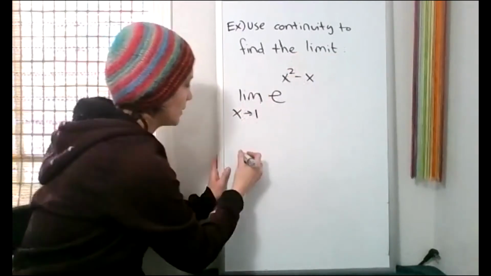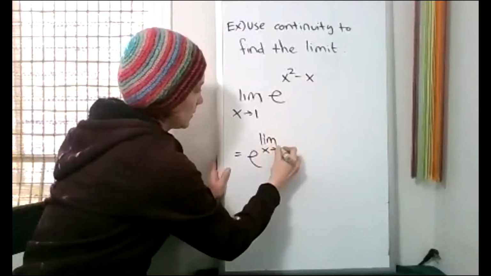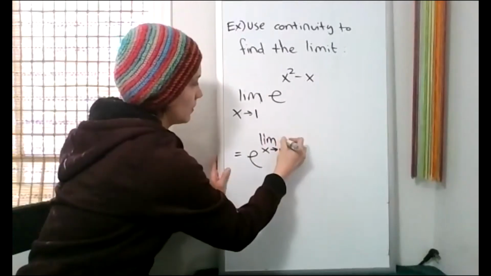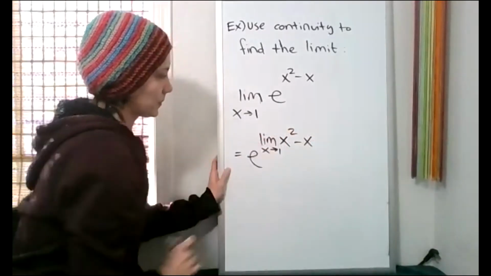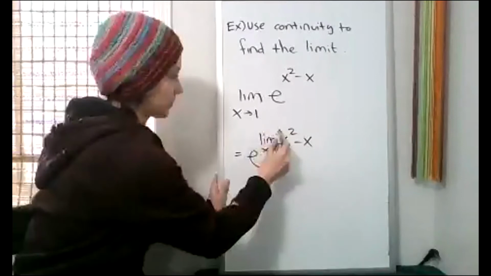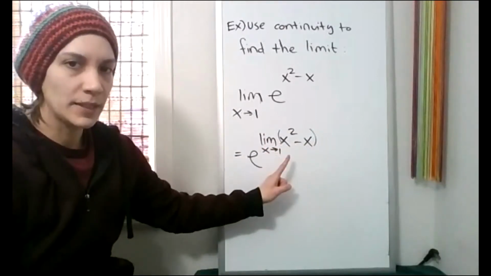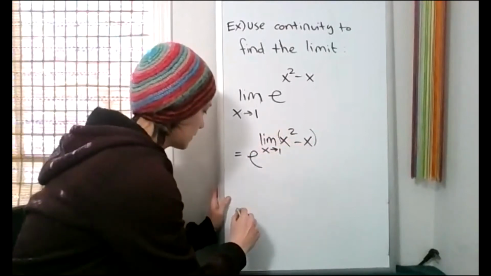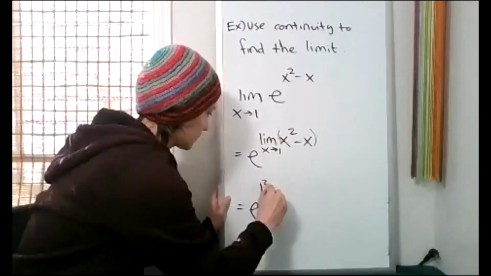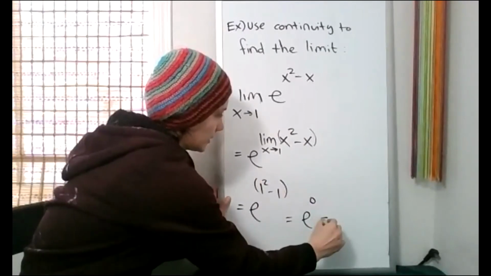The limit goes up here, and then of this x squared minus x. All right, for a polynomial, you can just take the limit. So it's e to a power of 1 squared minus 1. e to the 0 power is 1.